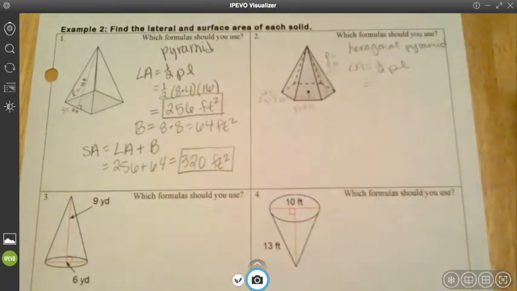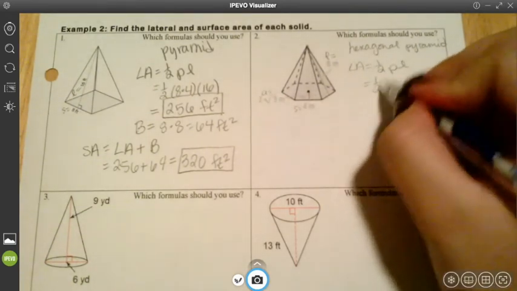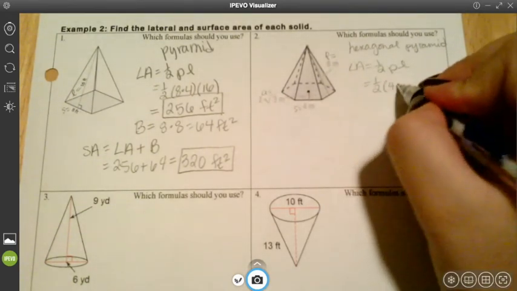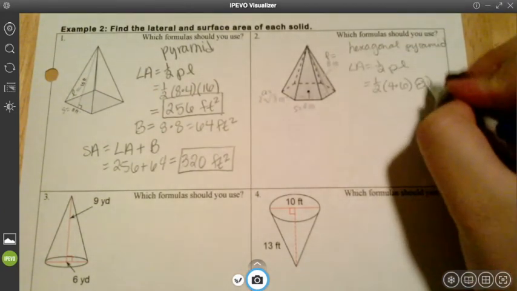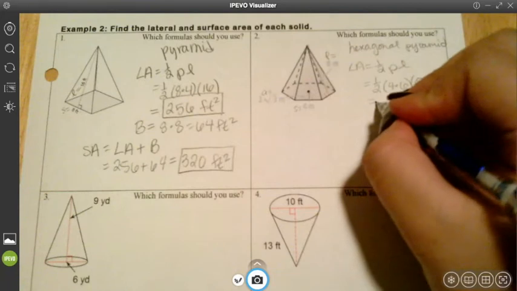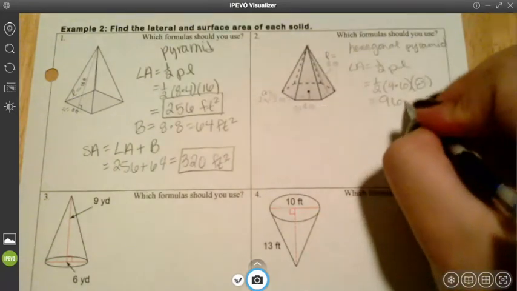How nice, they gave an apothem and a side, so it's going to be relatively easy to find the area. So 1/2, the perimeter is 4 times how many sides? There are 6, times slant height, which is 8. We can put that directly into the calculator to find 96 square meters.